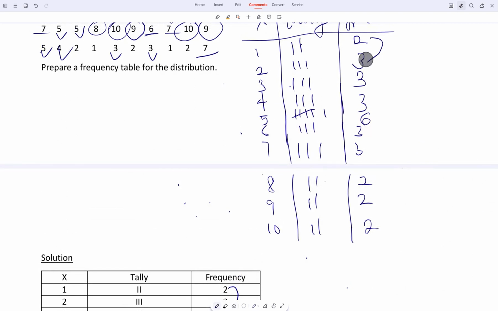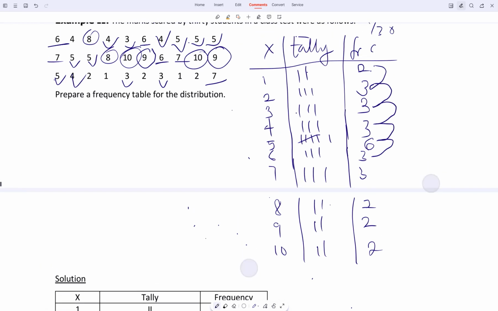2 plus 3, 5. 5 plus 3, 8. 8 plus 3 is 11. 11 plus 6, 17. 17 plus 3, 20. Then there is something missing again. How many 4s do we have?